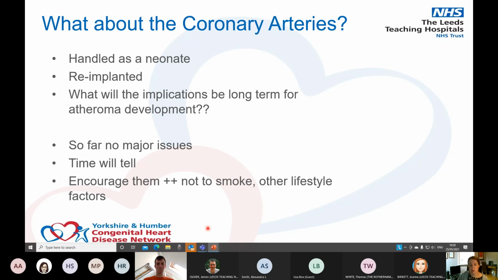So the coronary artery anatomy is slightly wonky, and will there be changes to endothelial function, shear stress, and will there be issues related to proximal coronary artery atheroma in the longer term? I'm very keen that they don't smoke. And I'm also very keen that they look after themselves in terms of other lifestyle factors and don't get overweight.